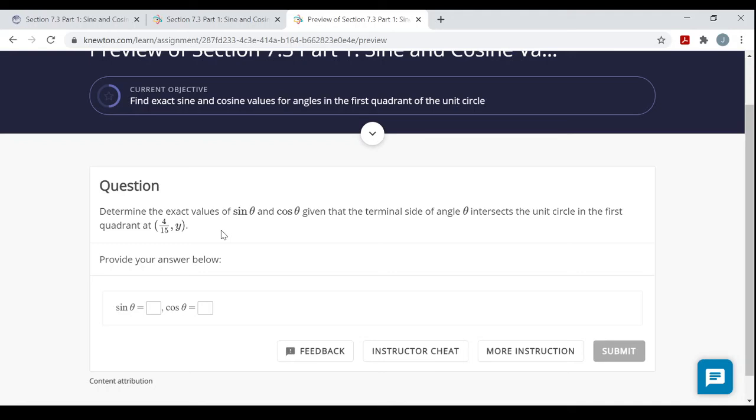Enter it as it is when you're done finding it. Determine the exact values of the sine of theta and the cosine of theta, given that the terminal side of angle theta intersects the unit circle in the first quadrant at some point with an x-coordinate of 4/15, and again a missing y-coordinate.